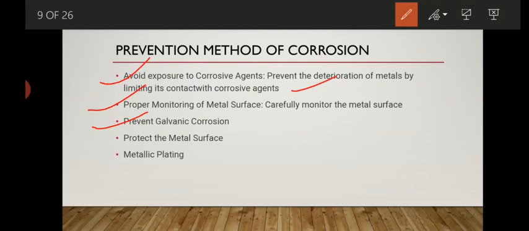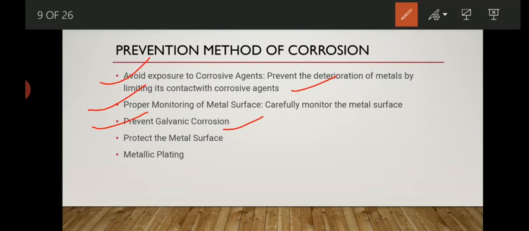Some metals undergo galvanic corrosion. In order to prevent this, we have to perform the galvanization process, in which we apply a zinc oxide coating on the surface of metals to avoid corrosion.